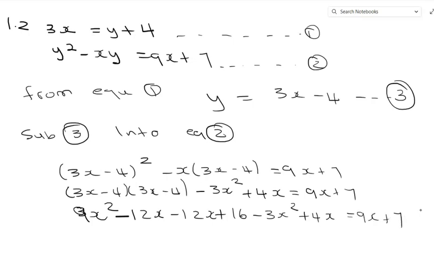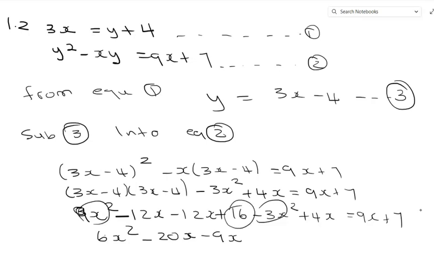Then this one and this one cancel. We are left with 6x squared, then negative 24 plus 4, which is negative 20x, minus 9x.